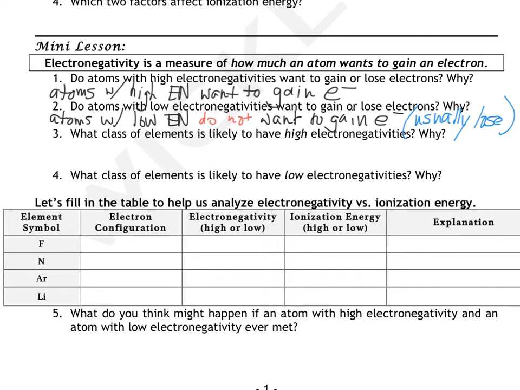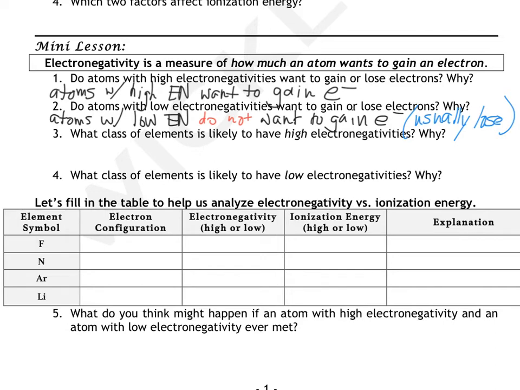So what class of elements is likely to have high electronegativities? Those would be the elements that already have, let's say, 6, 7 electrons in their valence shell. If they're so close to getting 8, then of course they're going to have higher electronegativities.